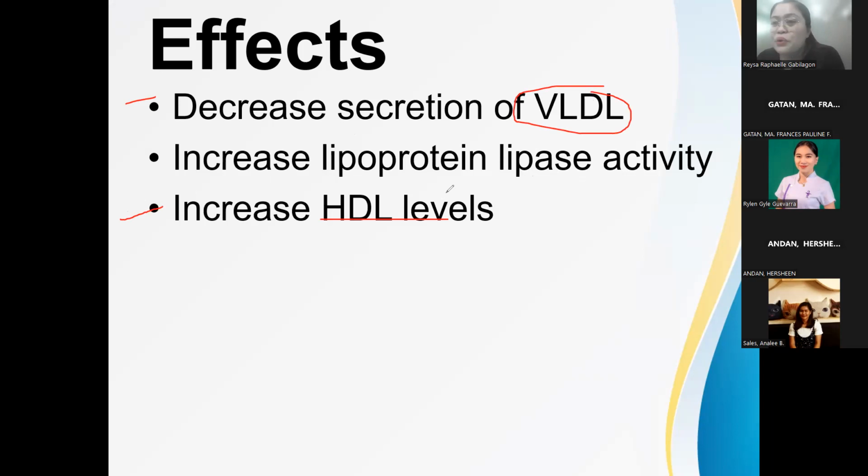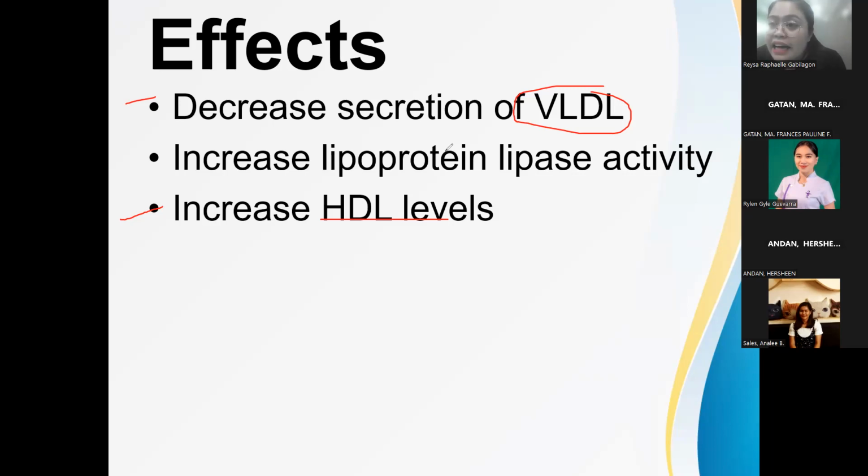Ano yung HDL? Good cholesterol, high density lipoprotein. Pag high density lipoprotein kasi mas marami yung protein kesa sa lipid. And paano siya naging good? Kasi ang trabaho niya maglinis. Like sa blood vessels natin, pag marami kang HDL, lilinisin niya yung blood vessels natin for extra cholesterol. So yung mga extra cholesterol na yan, kukunin yun ng HDL, dadalhin sa liver for metabolism. Okay?